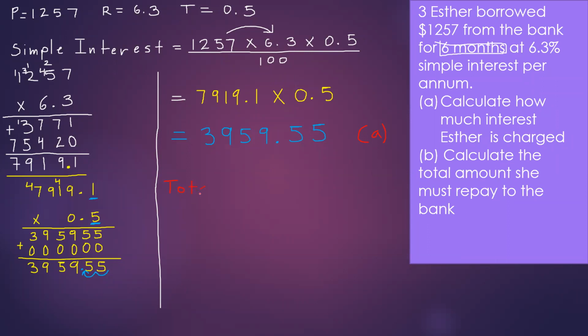That's why the total that she must repay is going to be what? 1,257 plus 395 9.55.